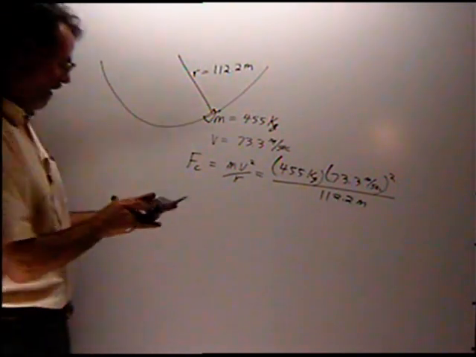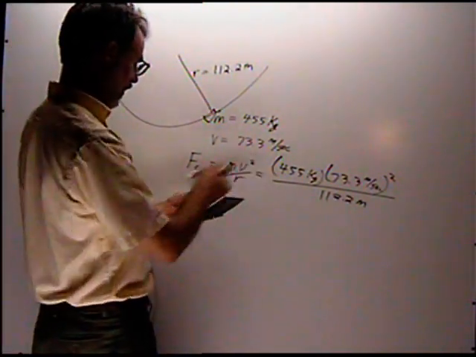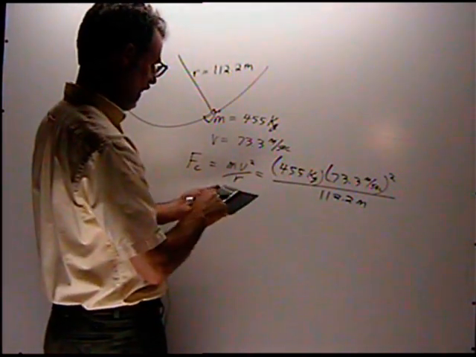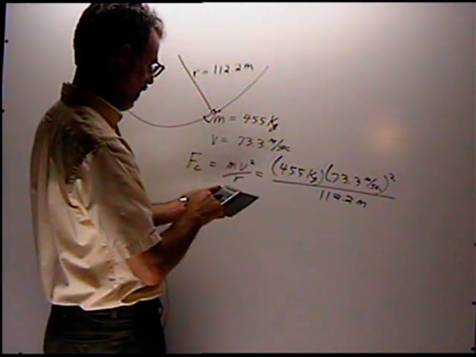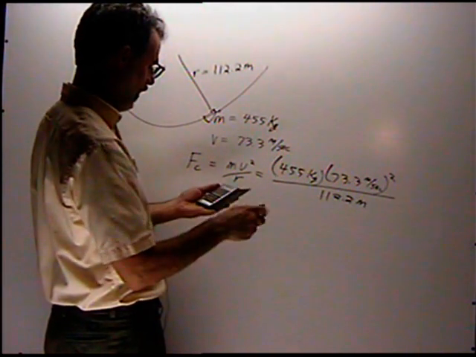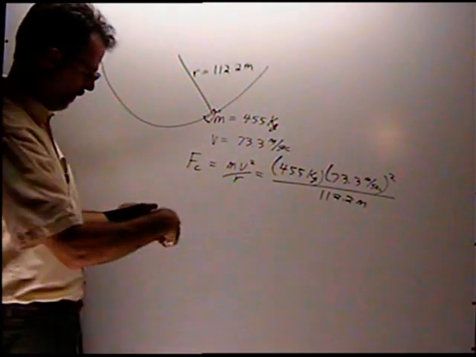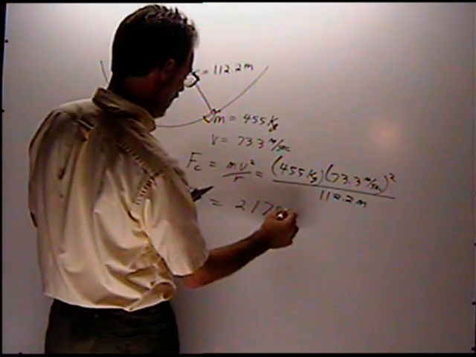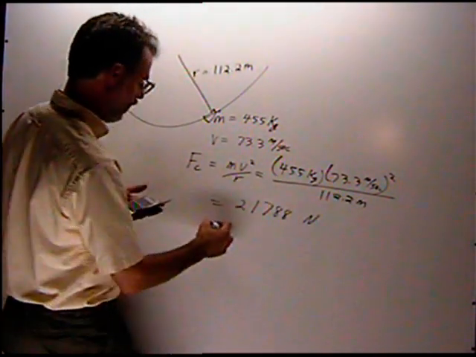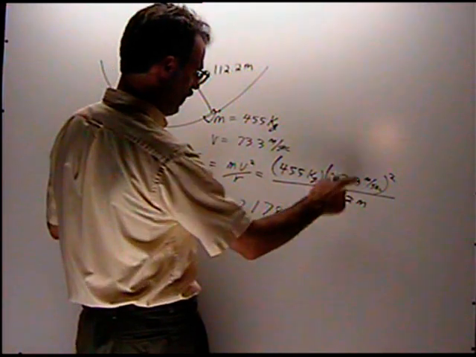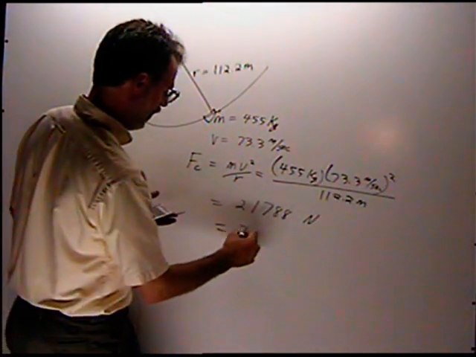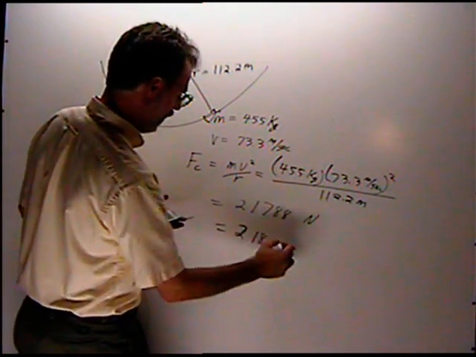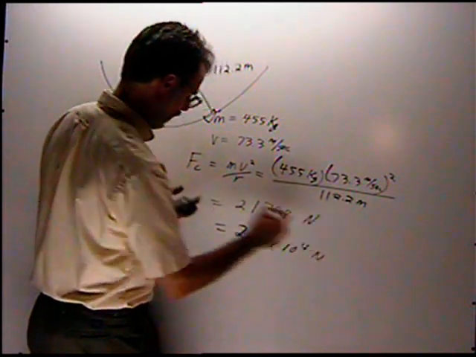Let's see, we get 73.3, we square that, times 455, divided by 112.2, I get 21788 newtons, but we have to round that off to 3 significant figures, so it would be 2.18 times 10 to the 4th newtons.